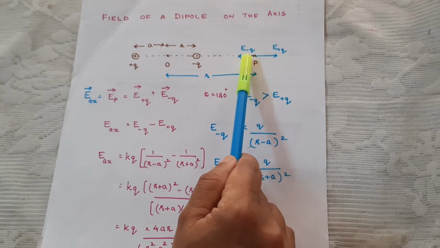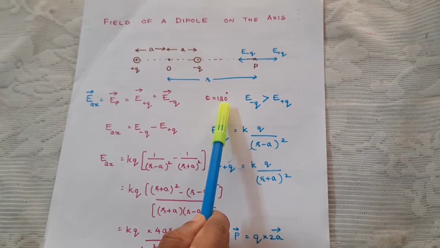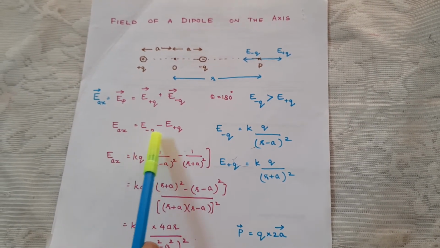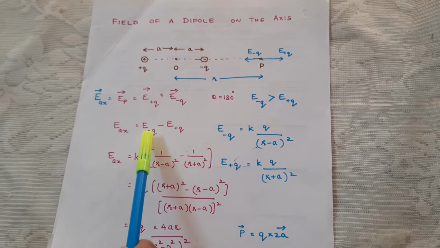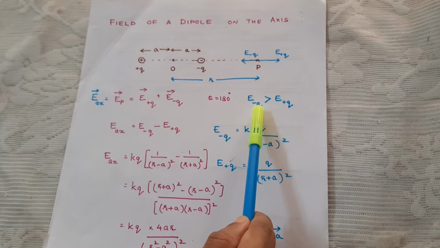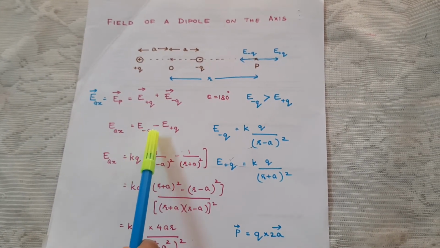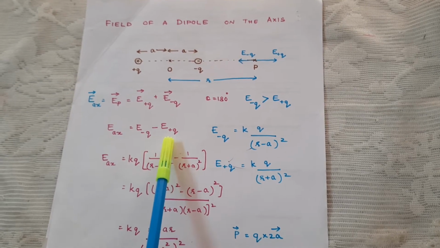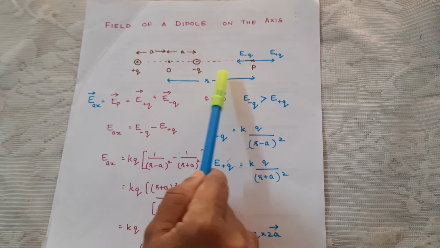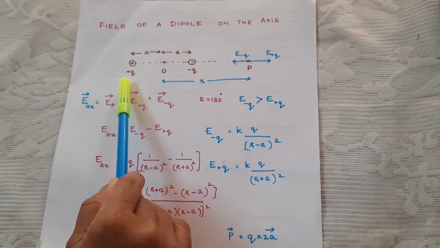Since the fields are opposite in direction, theta is 180 degrees. And the magnitude of the resultant field is the difference between the electric fields due to the charges. Since E minus q is greater than E plus q, it is E minus q minus E plus q, because negative charge is at a nearer point than the positive charge.